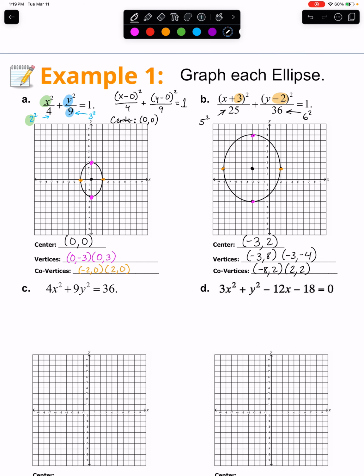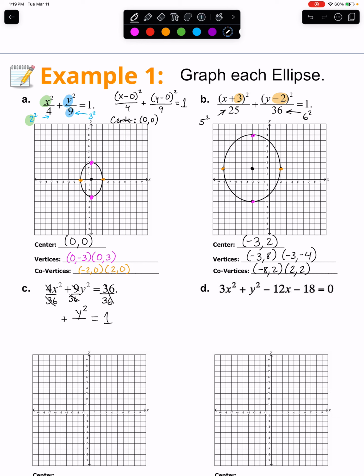Continuing on, we have some standard forms. So we're going to have to do things to these standard forms. We're going to have to rewrite them. So first for C, I notice that if I divide all of these by 36, what's going to happen? Well, 4 can go into 36, and 9 can go into 36, and 36 can go into 36 to equal 1.